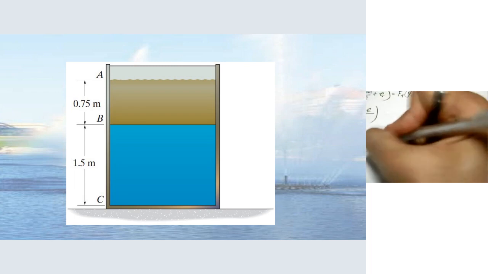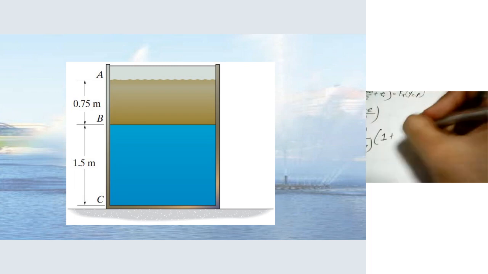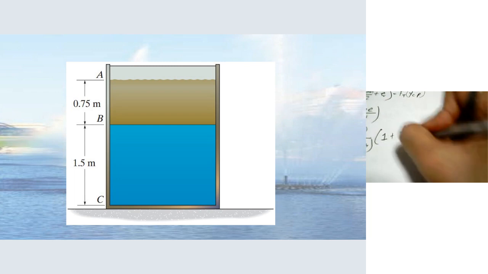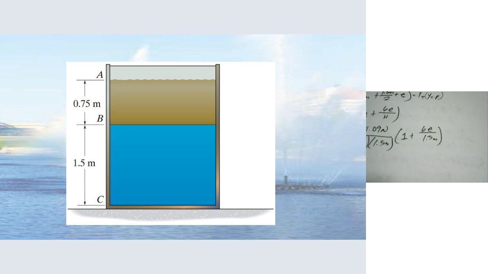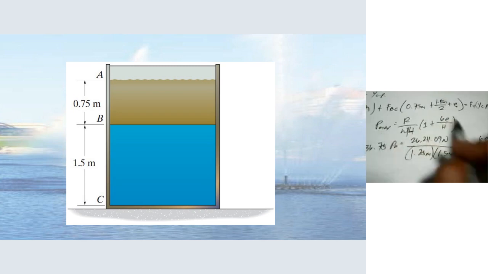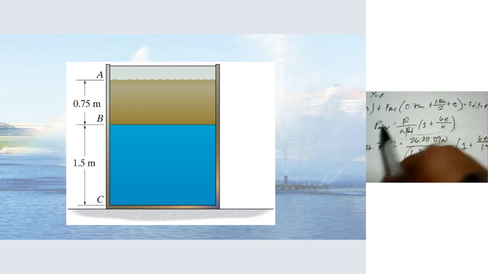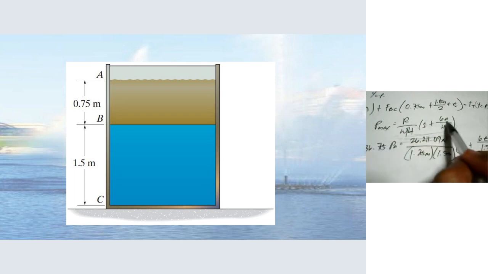And then we multiply 1 plus 6E over 1.5 meter. Okay. So this is a derived equation incorporating the pressure. So we can use this formula to get the E.